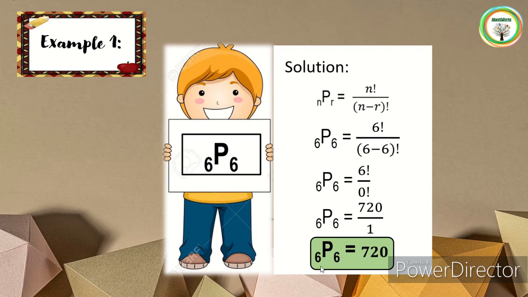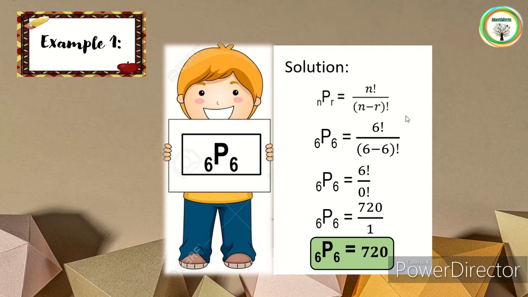So in this example, if the value of n and the value of r are equal, like this one where the value of n is 6 and the value of r is also equal to 6, you can also easily find the permutation by finding the factorial of the given number.